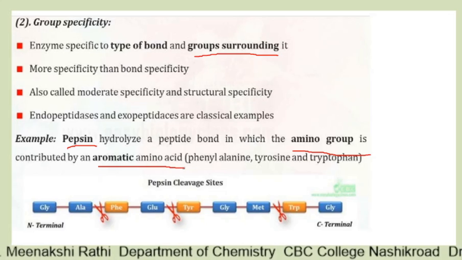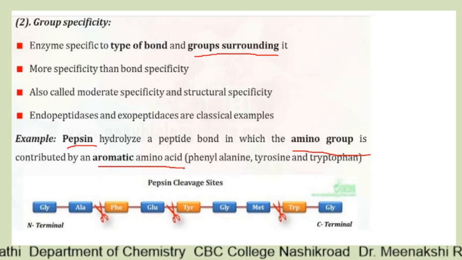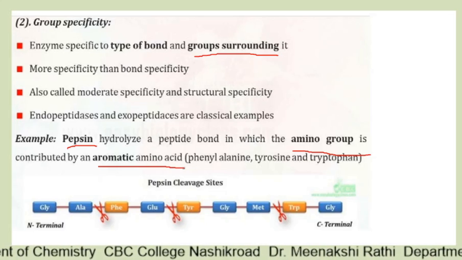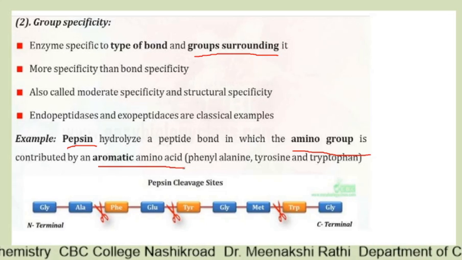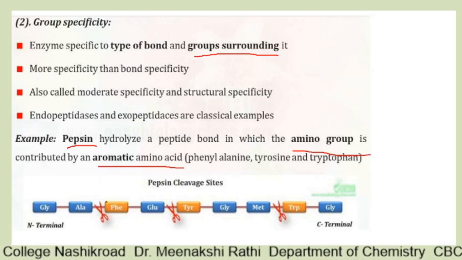We know that out of 20 amino acids, there are some amino acids which have an aromatic ring in their structure, like phenylalanine, tyrosine, tryptophan. So pepsin can catalyze only those bonds.